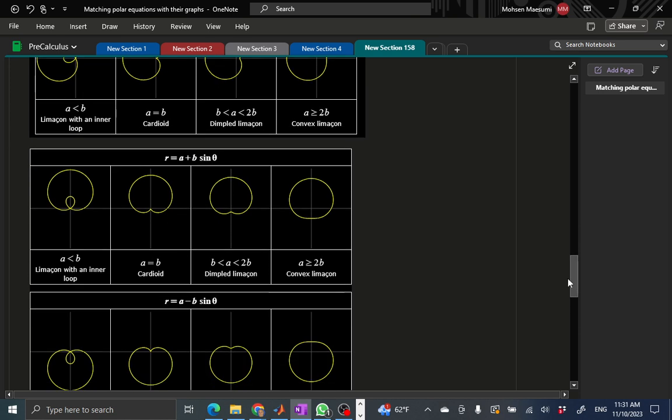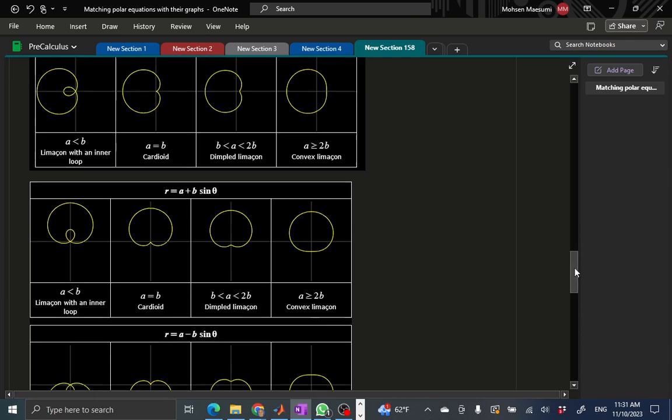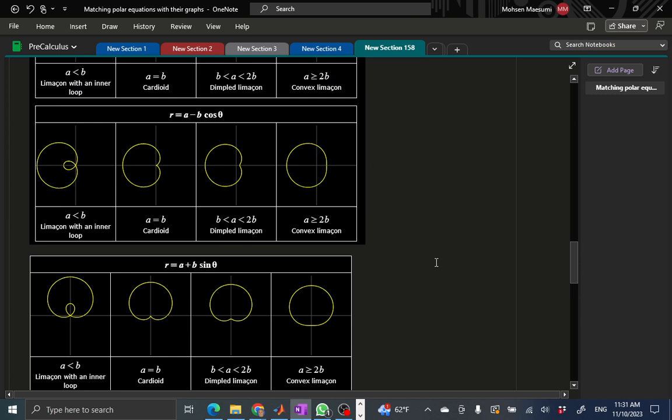If you're adding a multiple of a sine, the picture builds upward, and if you're subtracting, it builds downward. Of these cases, they had names for themselves. So this was with a loop. This is called the cardioid, which looks like a heart. This one is called the dimpled limaçon, and that one was a convex limaçon, depending on the relationship between A and B.